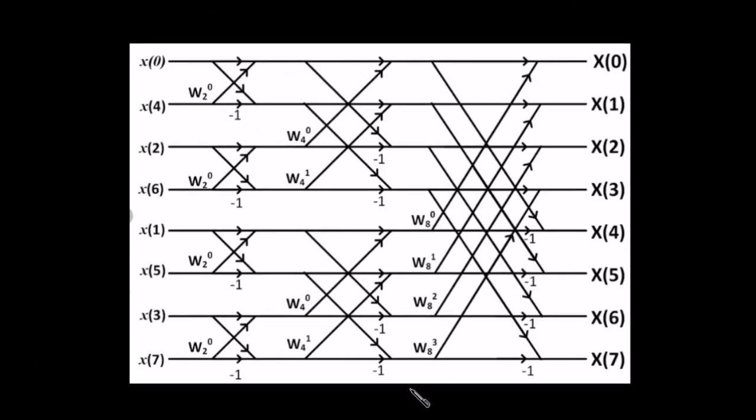So this is the final simplified version of our butterfly diagram. So let's have a look and see mathematically how much of an advantage the FFT has over the DFT.